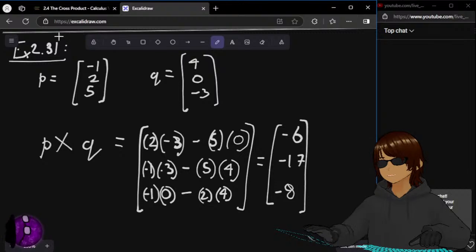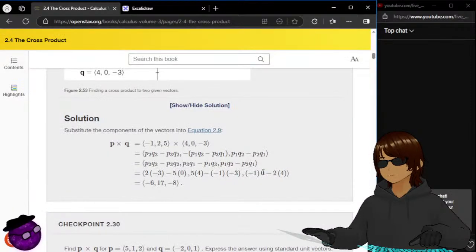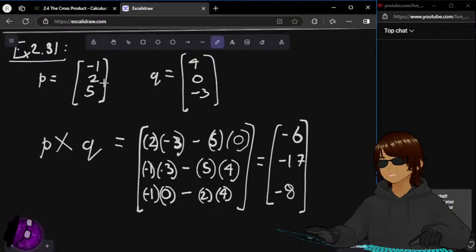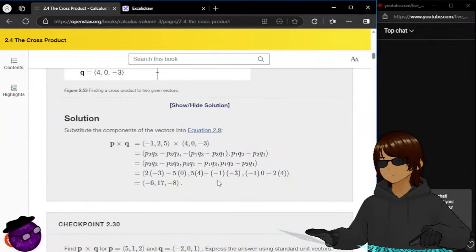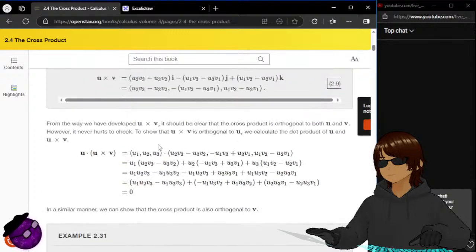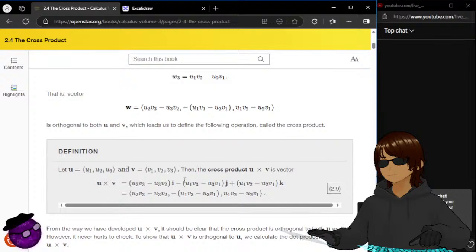And then for the third one, minus 1 times 0 minus 2 times 4. And then for the second one, it should be minus 1 times minus 3. I think they made a mistake here, or maybe I did.